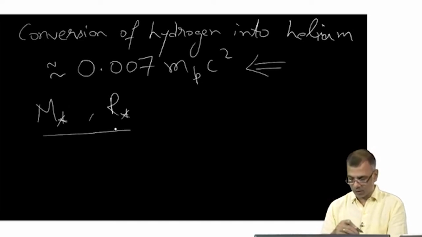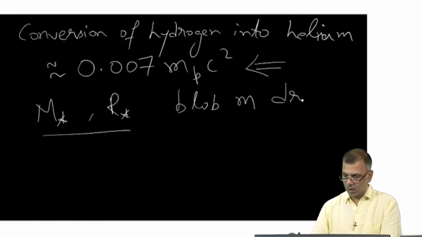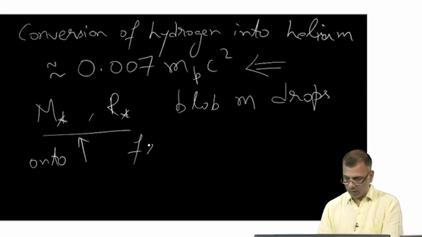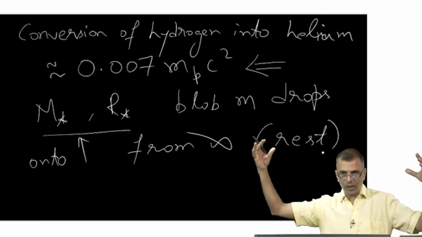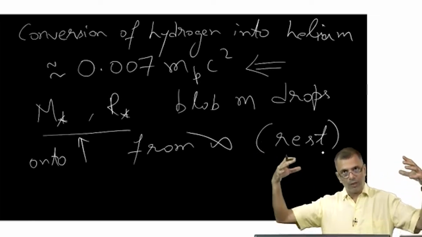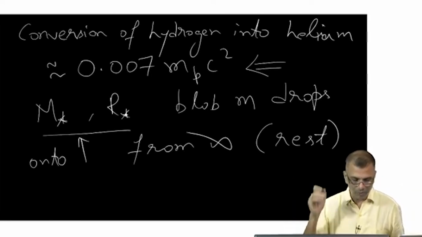So, this would be the compact object, the central object, and a blob comprising of just hydrogen of mass m drops onto this object from infinity, and it was at rest at infinity. It is being attracted and it drops off. It sort of accretes onto this central object, which has a mass m star and a radius r star.